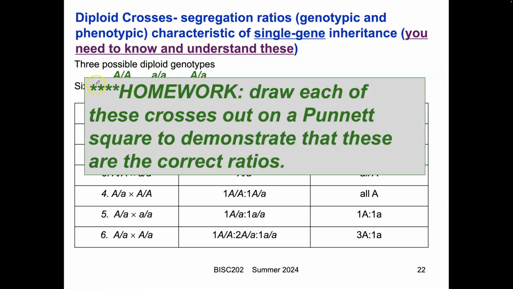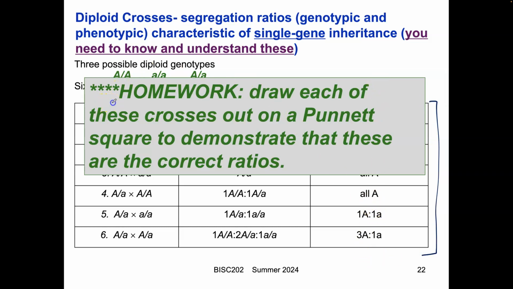So for homework, I will take this off of your slides. These are basically every possible combination of big A, little a, big A, and so on, and it shows you what the outcomes are in this final section of the table.